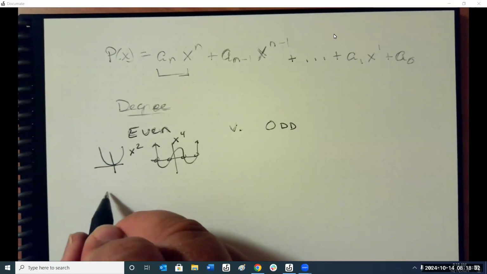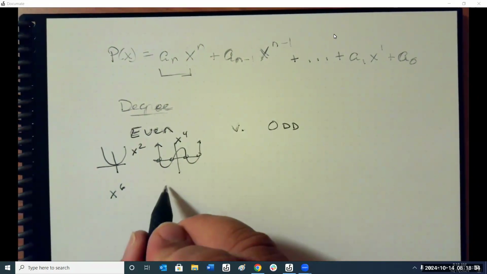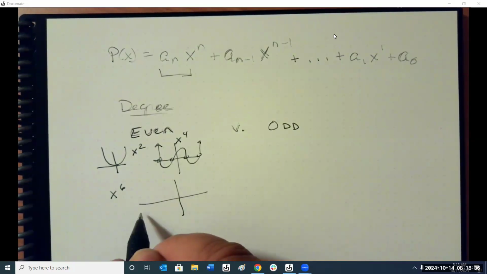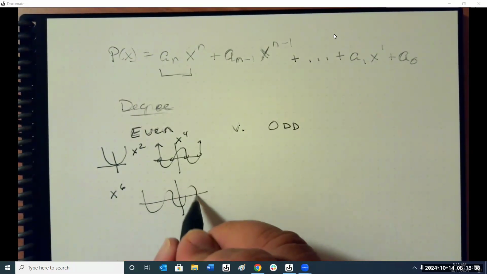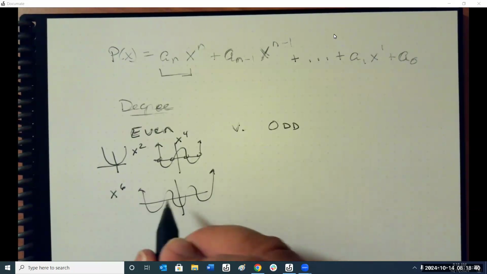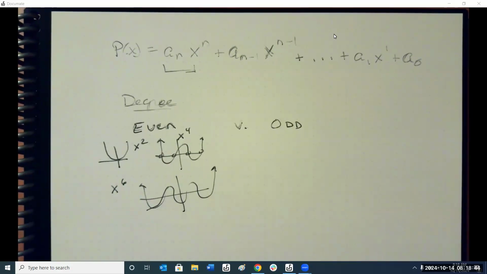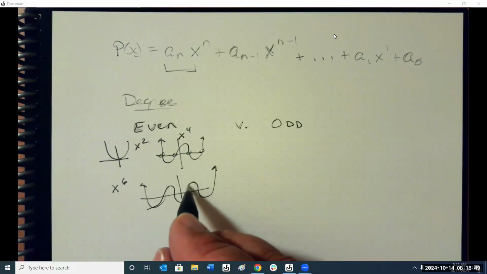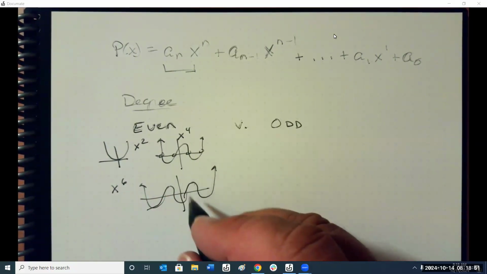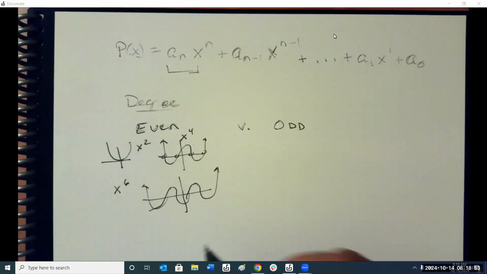X to the sixth will look like this. But these waves in the middle don't have to be that uniform. One can go up really high or very low.